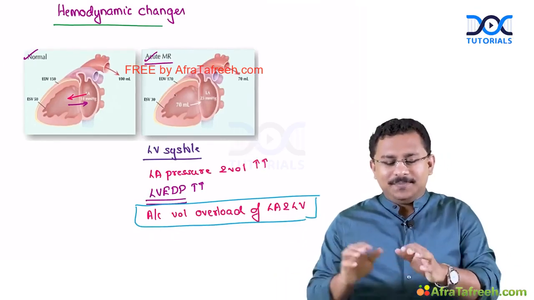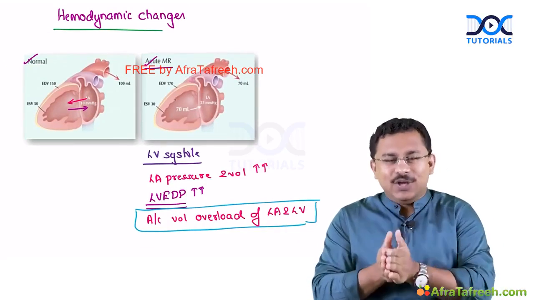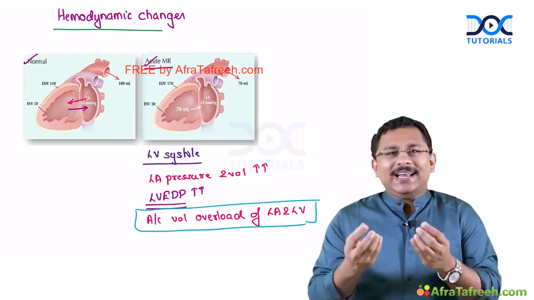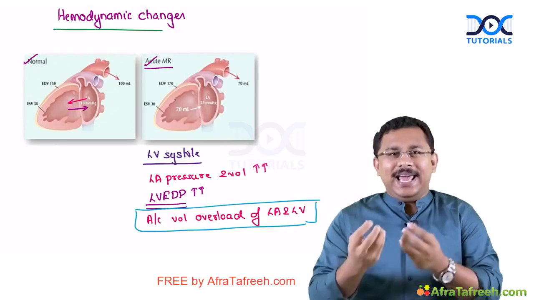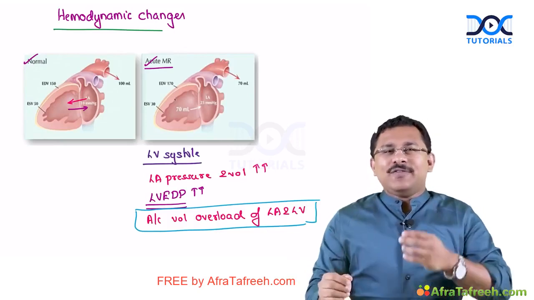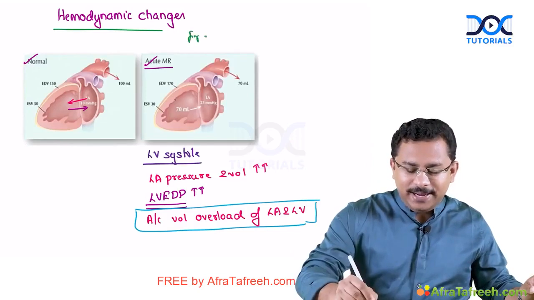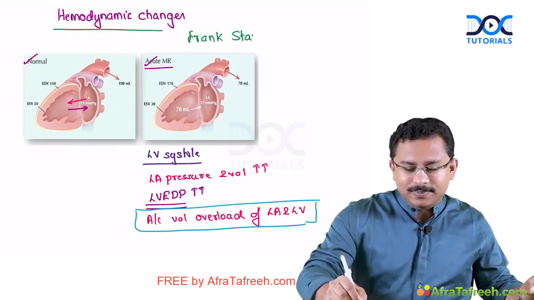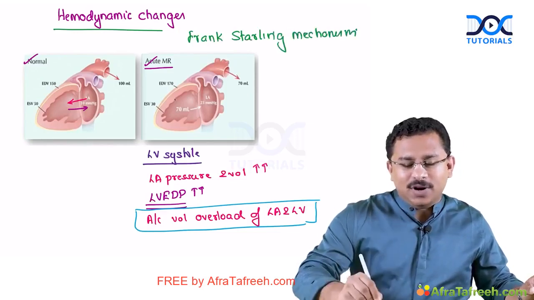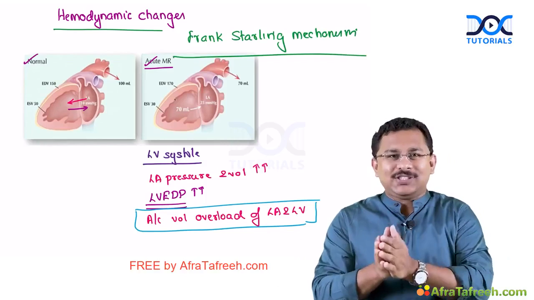Now if you compare the stroke volume in normal case versus the acute MR, you must understand one thing: since the end diastolic volume is increased in acute MR, obviously because of more blood coming into the LV, we have all heard of the Frank-Starling mechanism. The Frank-Starling mechanism says that the force of contraction is proportional to the end diastolic volume.